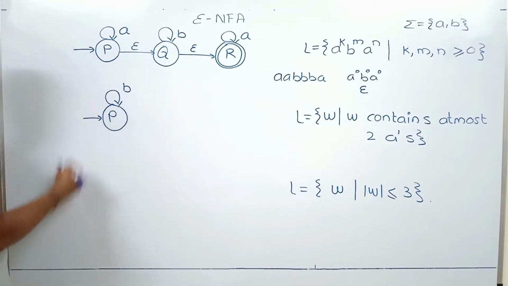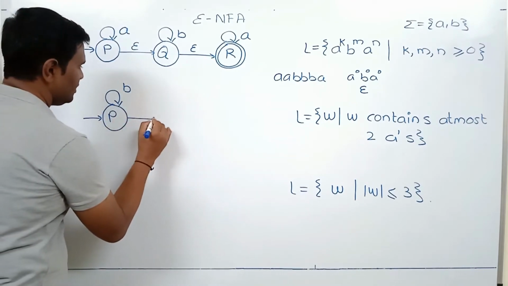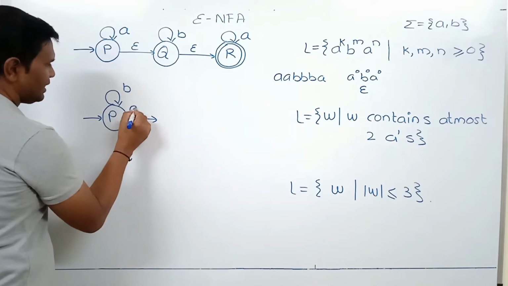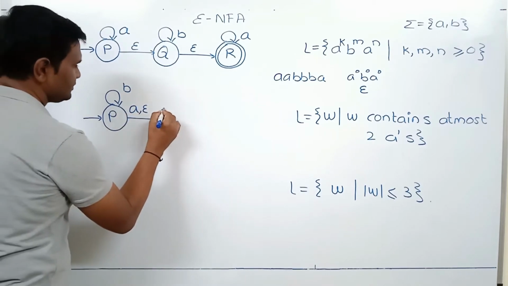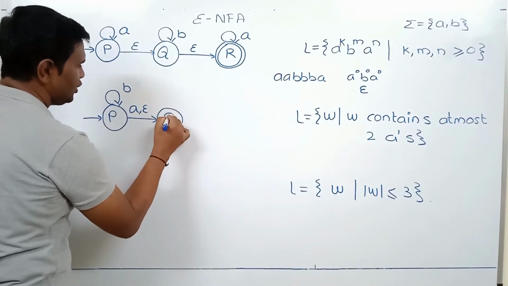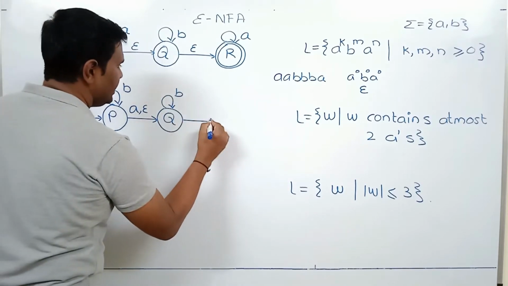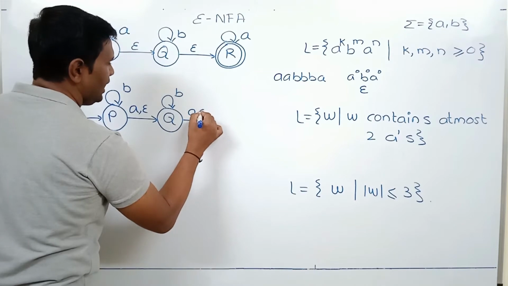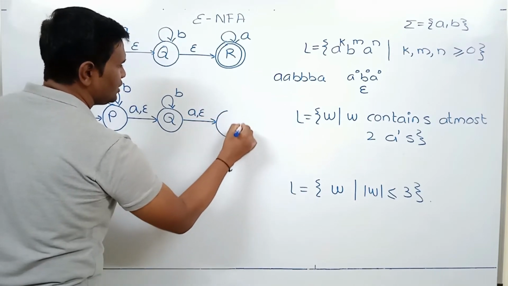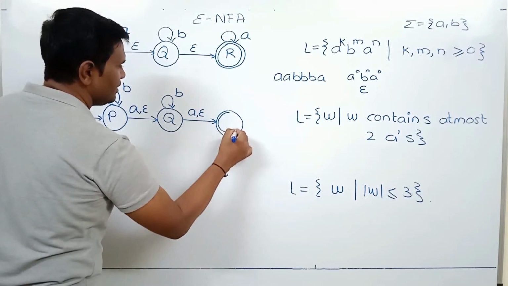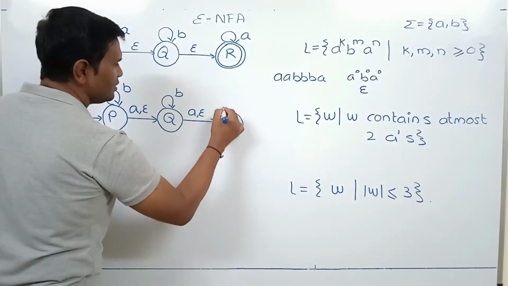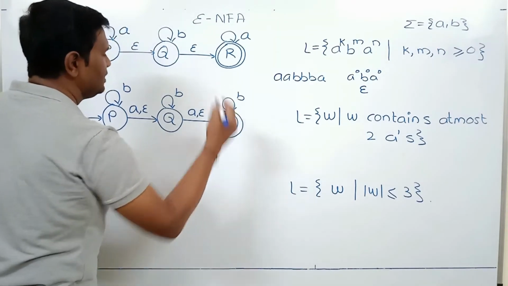We should not miss this transition. Now here we can take a transition for a or epsilon and go to state Q. Here also we have to process b, and then again we take a transition for a or epsilon. We reach a final state R, and here also we have to add a transition for b.